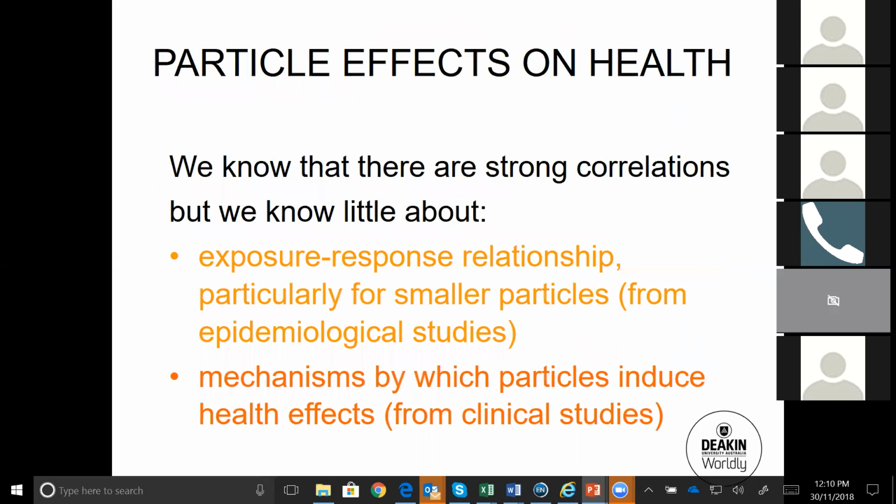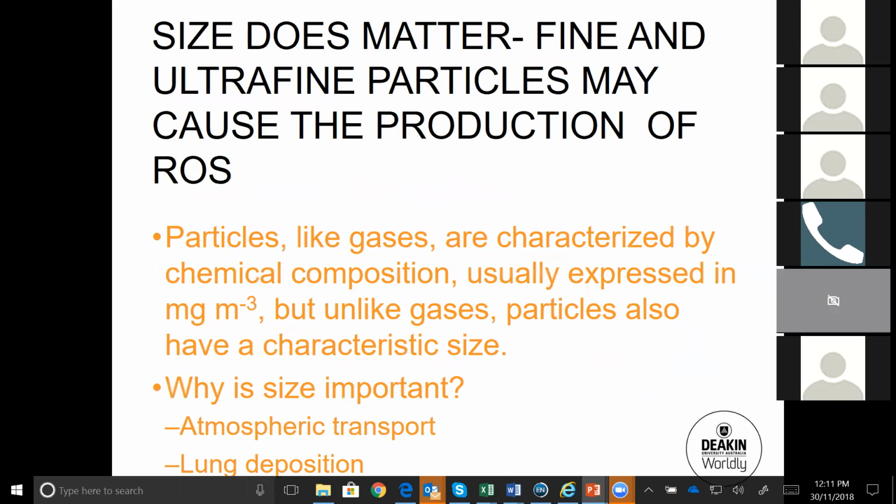We also know that there are strong correlations, but we know little about the exposure-response relationship, particularly for smaller particles, from epidemiological studies. And we also know very little about mechanisms by which particles induce these health effects from clinical studies. We just have some assumptions, some theories that exist.